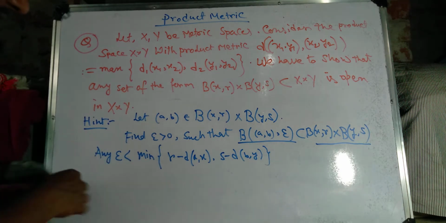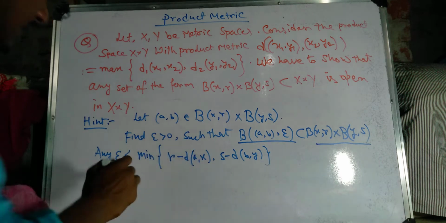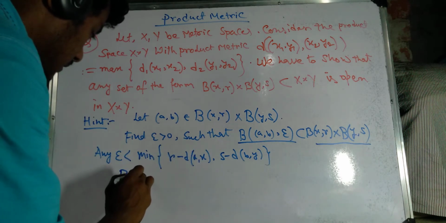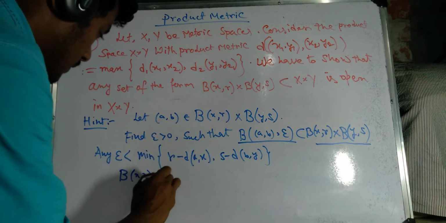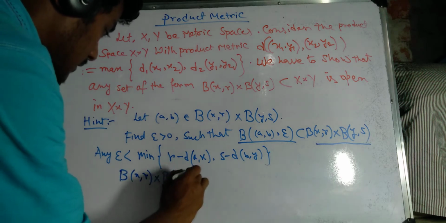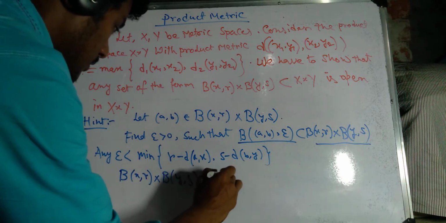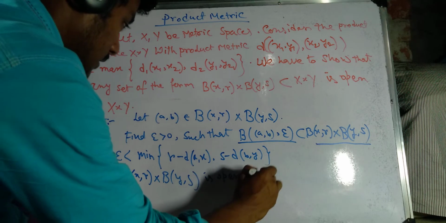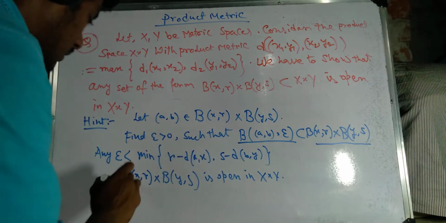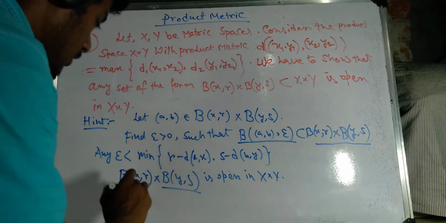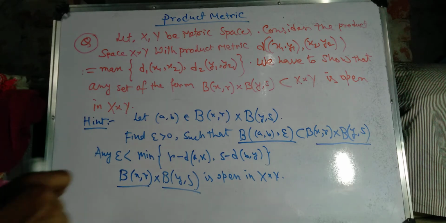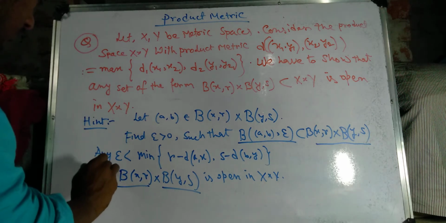Here this one is related: B(x, r) cross B(y, s) is open in X Cartesian product Y. If you put U and V like this, then this happens. Okay, we have to show it.